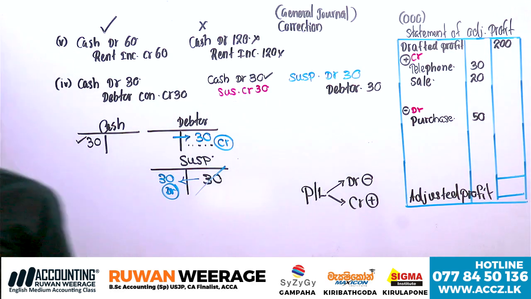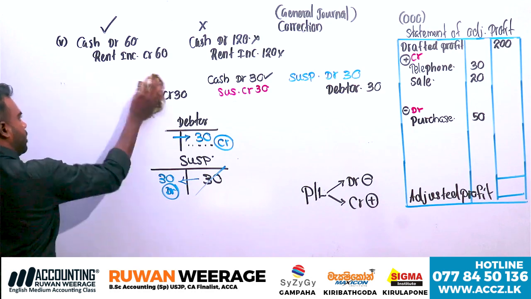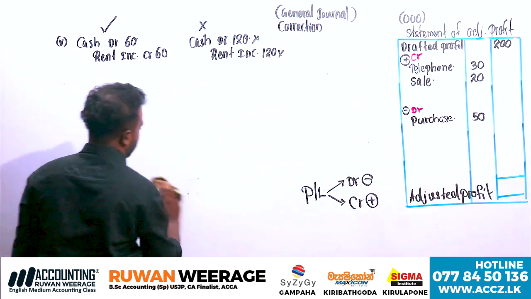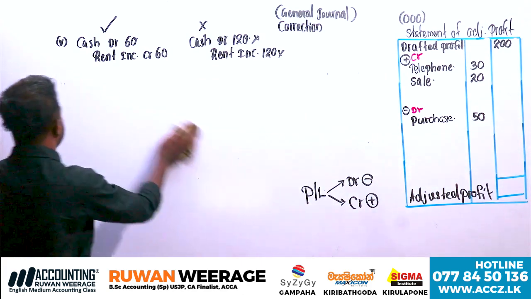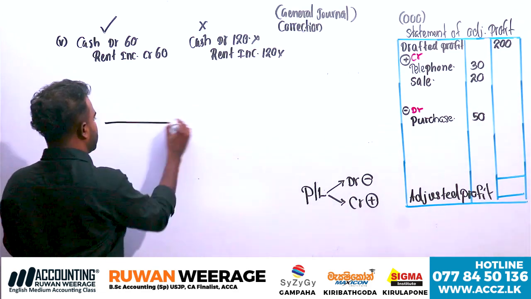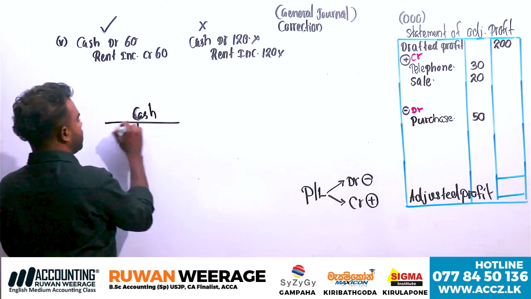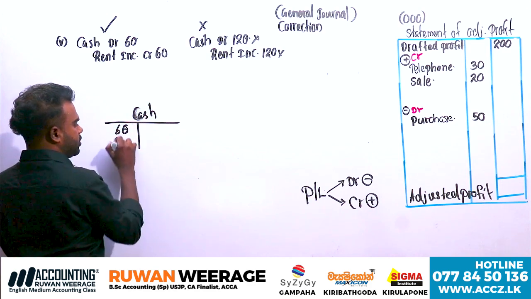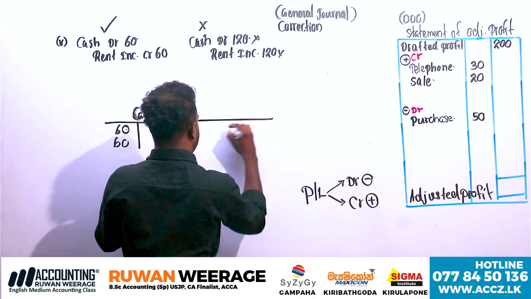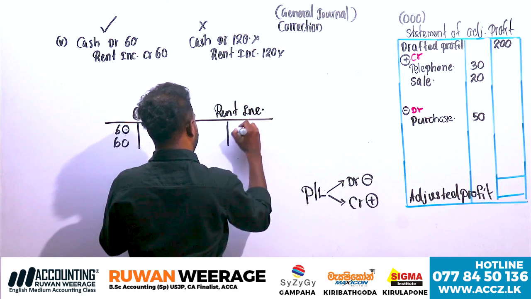Please tell me, what's the correction entry? I'll erase this one. Therefore, how much was double recorded? Therefore, what we have to do? Reverse the transaction. Cash debit 60,000, rent income 60.